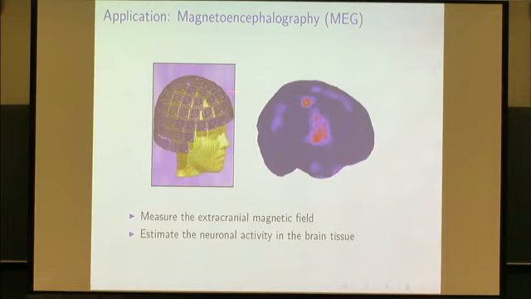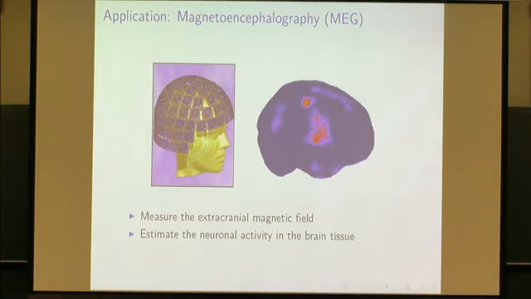This is the helmet inside the dewar. Here is an example picture of a brain. We want to locate activities on the cortex. Sometimes we also want to see inside the brain, so we may have a three-dimensional problem. Often, however, people concentrate only on the cortical layer, pretty close to the surface of the brain. This is what we try to do here.